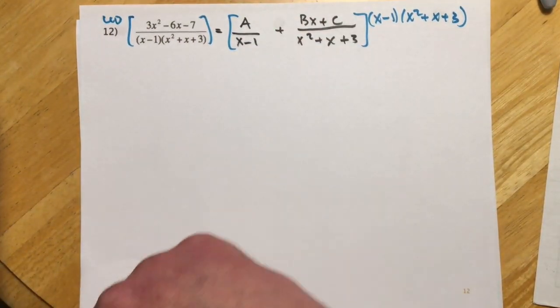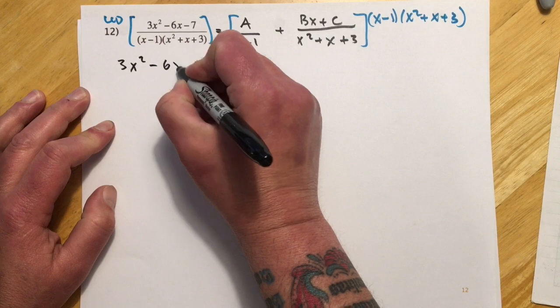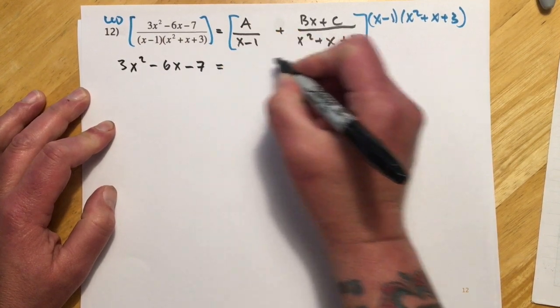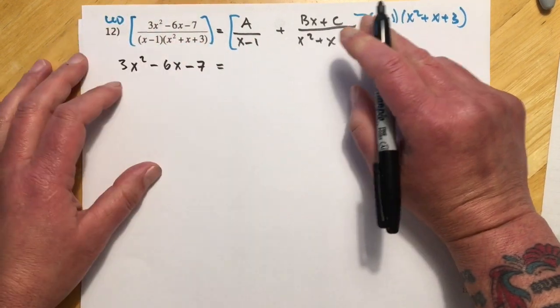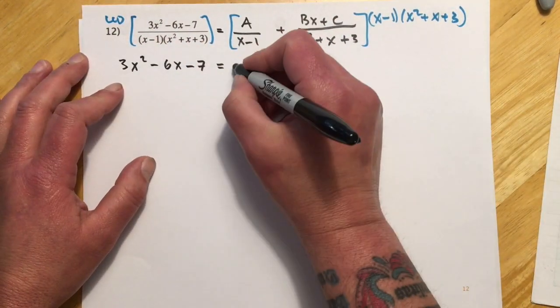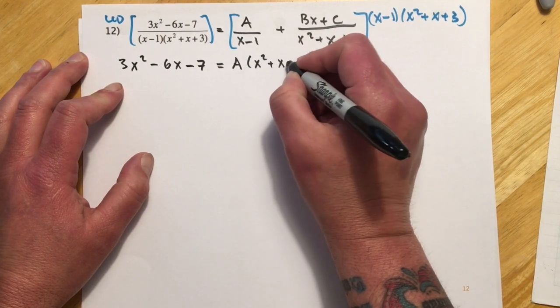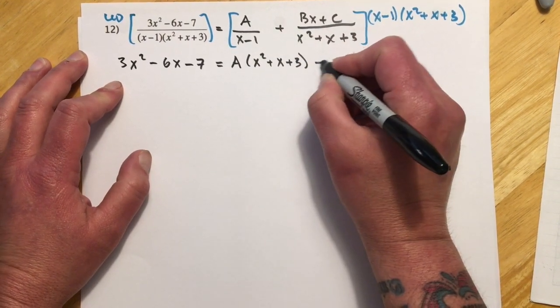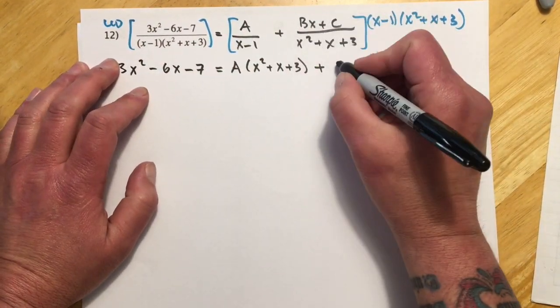So on this side, I just get the 3x squared, the minus 6x minus 7. Over here, whatever's here won't be with A, because that's what's canceling. So it'll be A times the trinomial plus B, and then times the linear one, or Bx plus C, I guess.